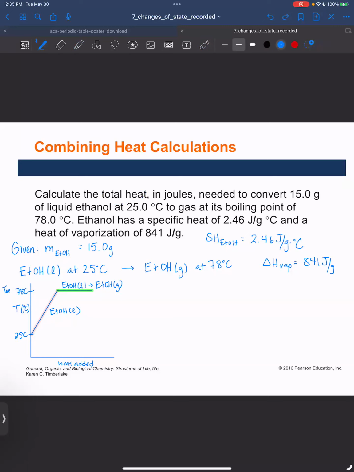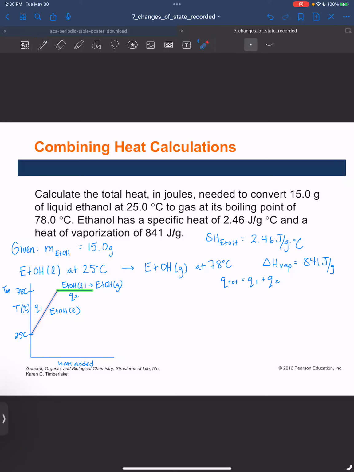That's our goal here. So we'll have to add them both up. And so what I like to do is say, okay, this part here in pink will be Q1. That's the first step, and that's a separate formula. And then this one in green is Q2. So it's the second heat energy we have to calculate, and then Q total is equal to Q1 plus Q2.